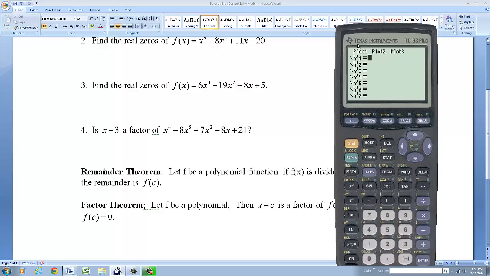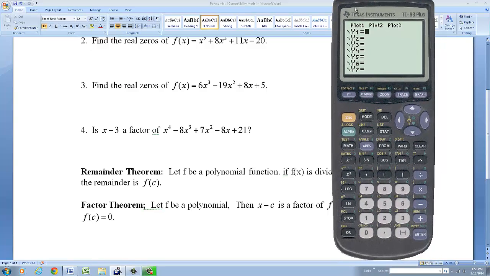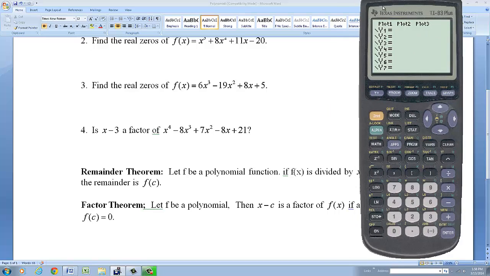Or you could do it in the calculator. Now, I could do this the same way that I did the earlier problem. I could graph this polynomial right here, enter it in the graph, and then use the value method that I did a while ago. But just to show you a different way, I'm going to do it like this. So in this case, x is 3.